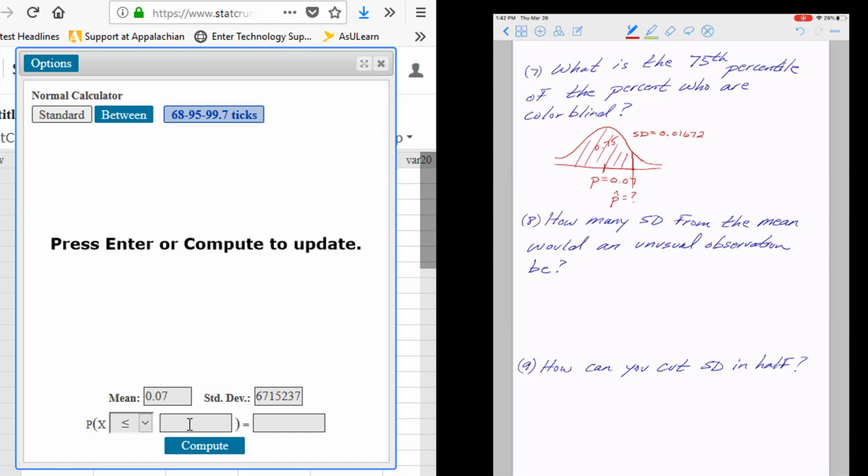And I want not there, because remember inside the parentheses with that inequality symbol, that's for when I know what's on the, I keep calling it x-axis because maybe that helps you, the horizontal axis, in this case for our random variable p hat, that axis. That's for the number on that. We don't know that number. There's a question mark up here on our picture, right? We do not know the number on the axis. So let's go to the outside, because we do know the percent under the curve, the probability that we're looking for. We're looking for 0.75 in decimal form.